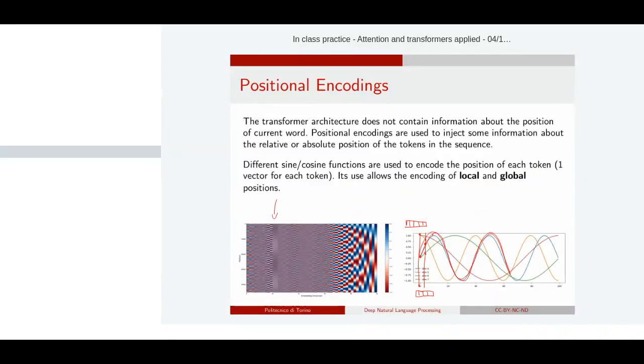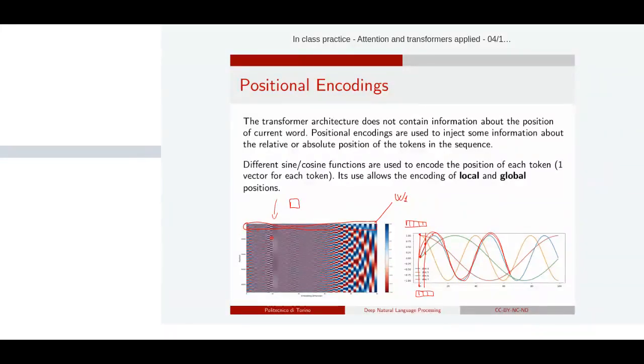These are the encodings, using colors for the values of different sine and cosine waves. We can see that they have different frequencies because they have different bands of colors. And the idea is that for the first position in the sequence, it's like taking a part of this, and this will be the positional encoding for the first word.